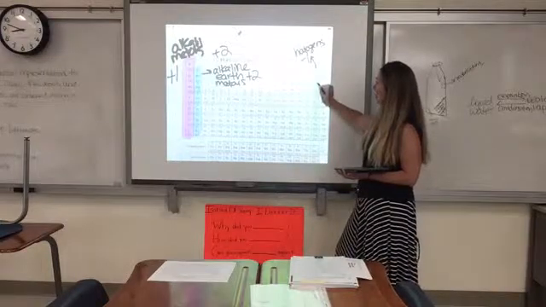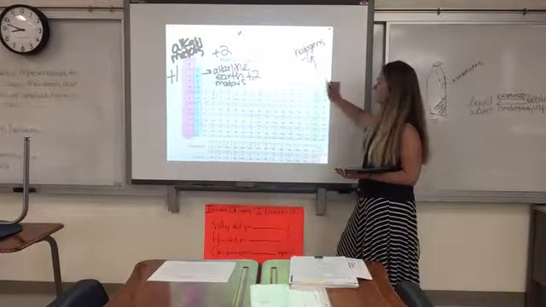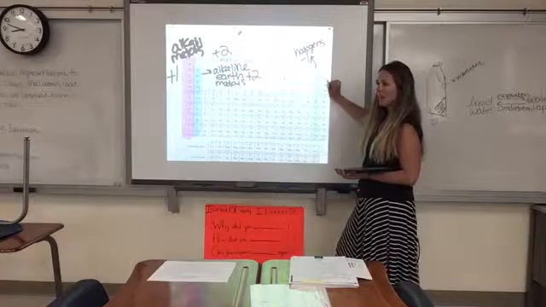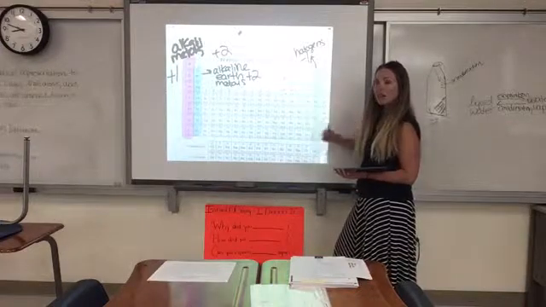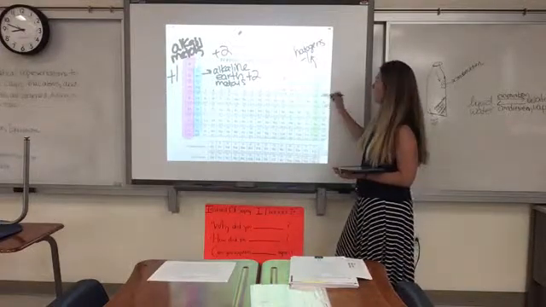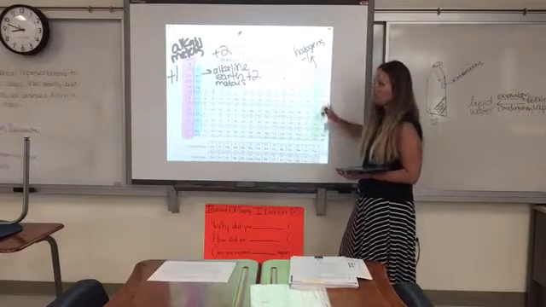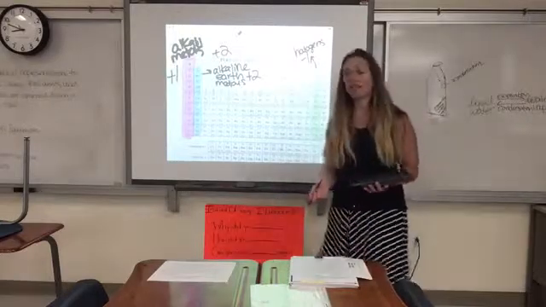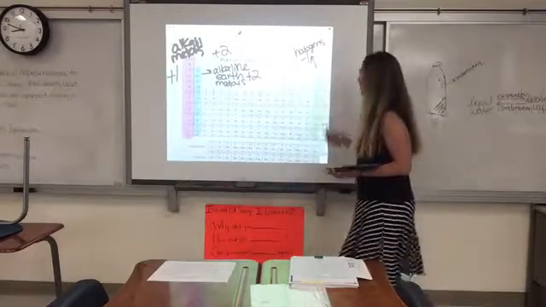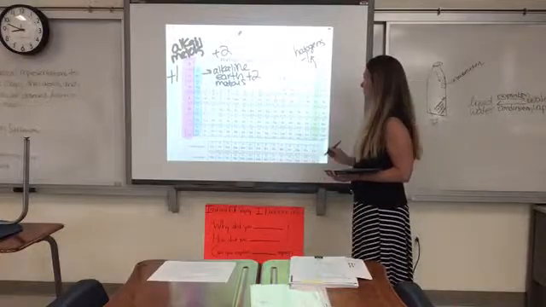So fluorine has 9 electrons. It wants to gain 1 to be like neon. If it gains an electron, then it has 1 extra electron. It has 10 electrons and 9 protons, which is why it would have a -1 charge. And that's how that works for all of the halogens.